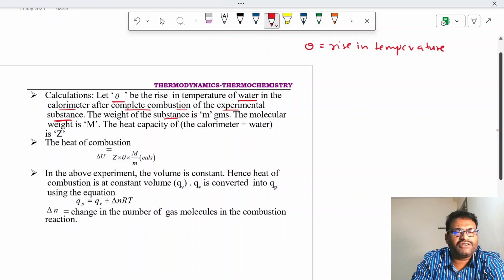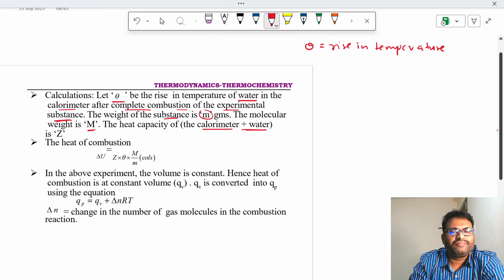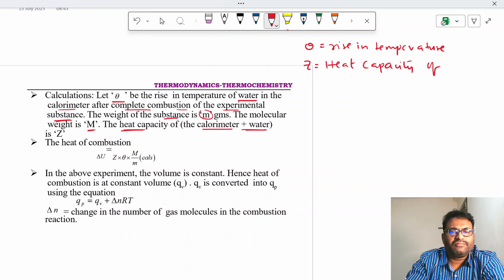The weight of the substance is m grams. For example, m grams taken. The molecular weight is capital M. The heat capacity of calorimeter plus water: the total heat capacity of the calorimeter setup is Z. So what is Z here? Heat capacity of calorimeter plus water.